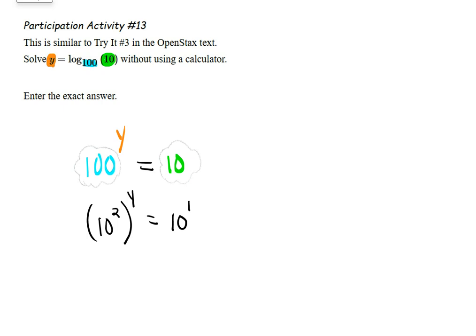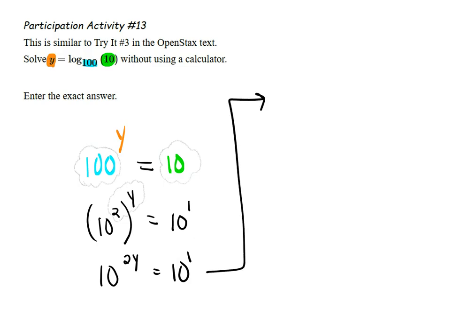Now, back on the left side, when you have a power raised to another power, you can multiply those powers together. So that's 10 to the 2 times y, which is 2y. And then, running out of room, come over here.